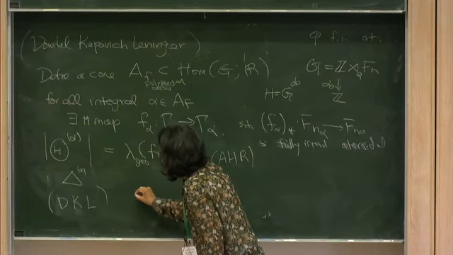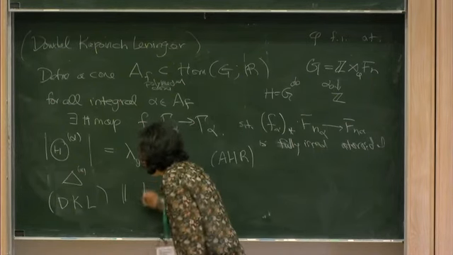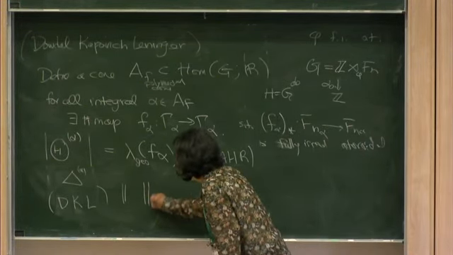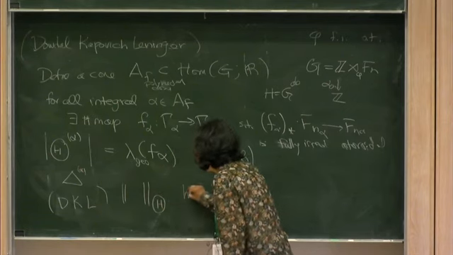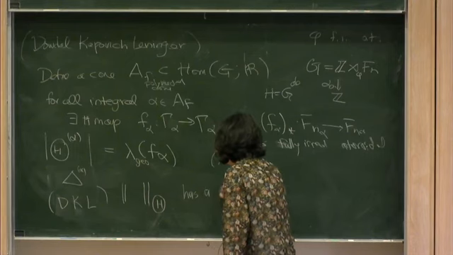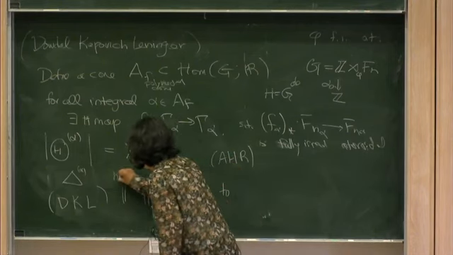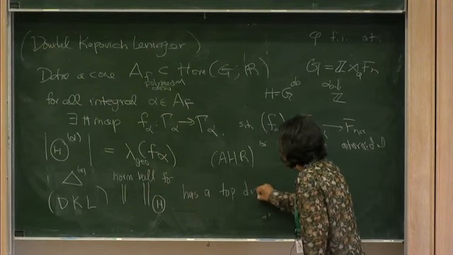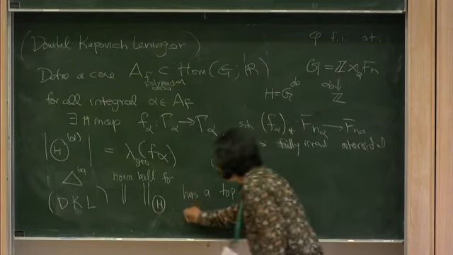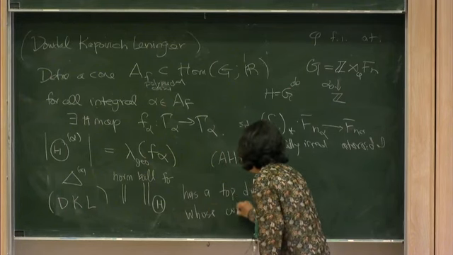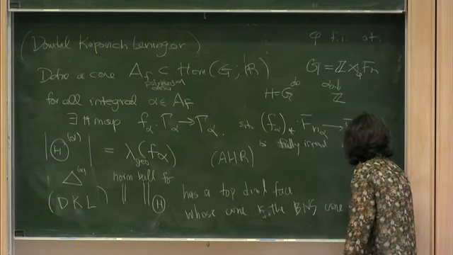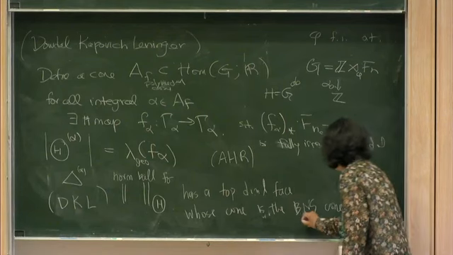And they also showed that if you take, and luckily in the last talk, the norms associated to group ring elements was defined, the norm ball for this norm has a top dimensional face whose cone is the BNS cone containing AF.